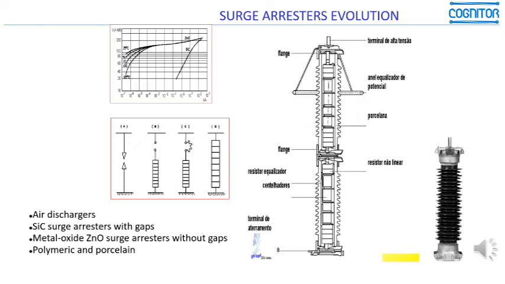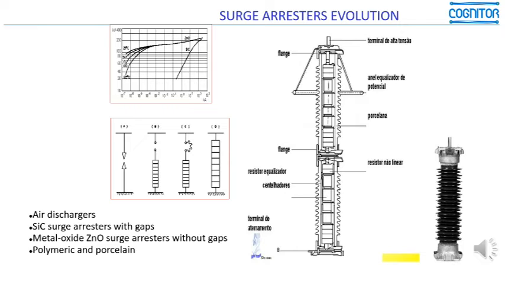The ideal surge arrester is one that before receiving the discharge is an infinite impedance, and in the exact moment of the discharge should become instantaneously zero impedance.